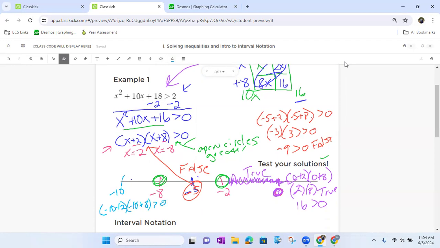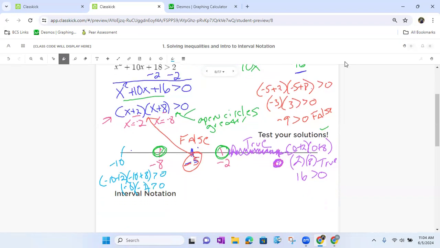Let's see if that's true. -10 plus 2 is -8. -10 plus 8 is -2. -8 times -2 is 16, and 16 is greater than 0. This is true as well. So that means our answers would be down here on the left as well. These are all true. So the only place where it's false is right smack dab in the middle.